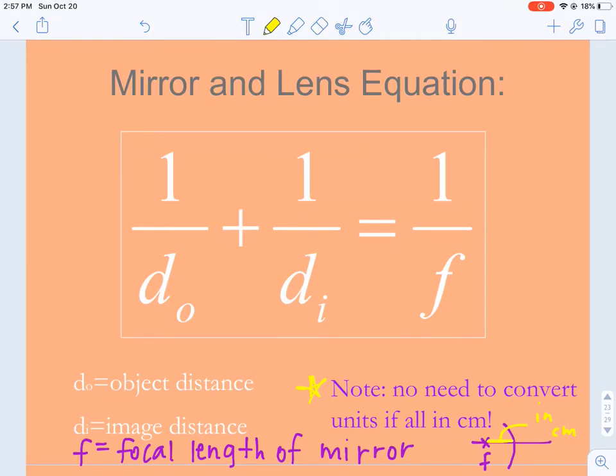And I will always give you, and so will Quest, problems that are all the same unit. So if focal length is in centimeters, and so is image distance, and so is object distance, we don't need to convert. It's about these ratios between these numbers.